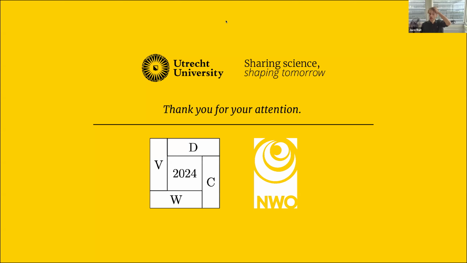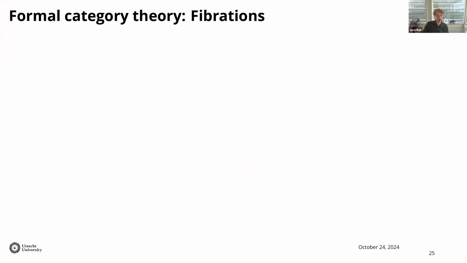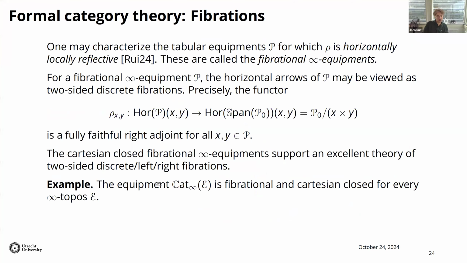Yeah, so you can view these profunctors as two-sided discrete fibrations. If we go back a few slides, something that is true is that the infinity equipment of infinity categories is fibrational.